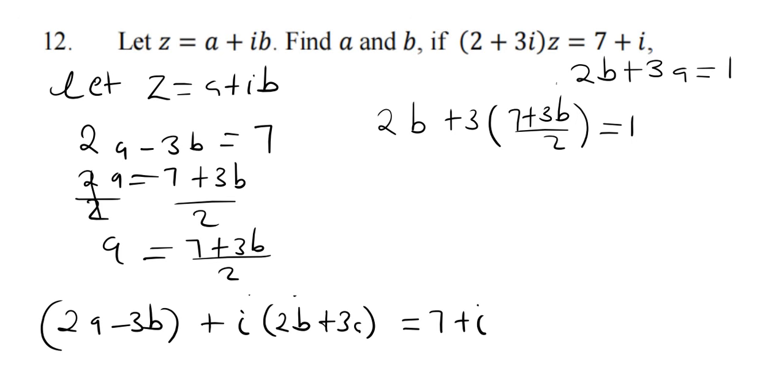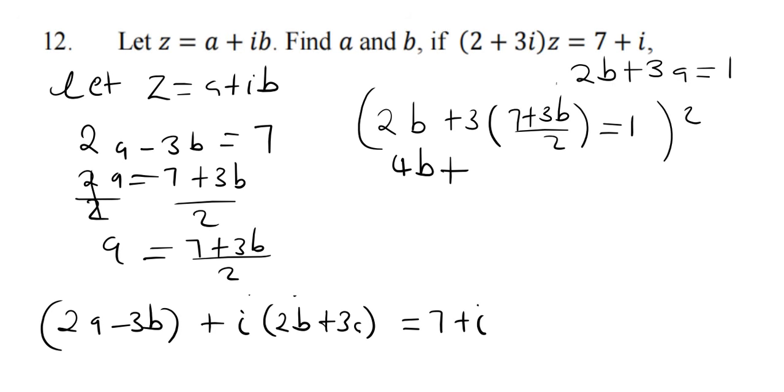In this case, I'm going to multiply throughout by 2 because I don't want fractions. So I'm going to have 4b there, plus, because the 2 and the 2 are going to cancel, a 3 multiplied by everything in the brackets.